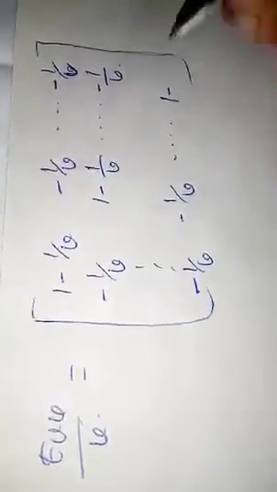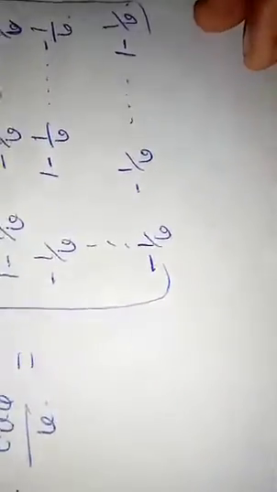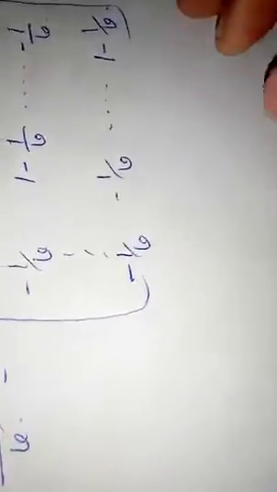The last value is 1 minus 1 by v. Observe that the sum of each row in the matrix is 0.